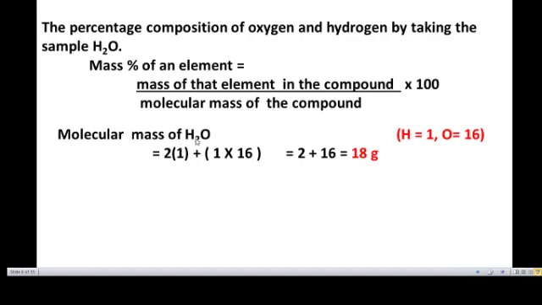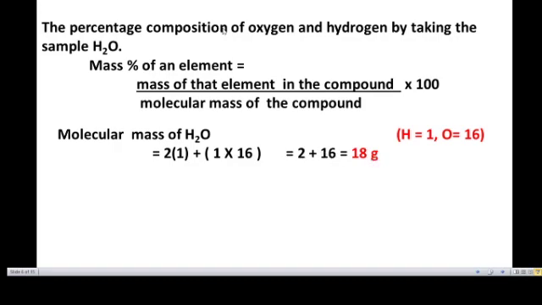Here 2 atoms of hydrogen are present, so 2 into mass of 1 atom of hydrogen, which is 1, gives 2. Here only 1 oxygen atom, so 1 into 16 is equal to 16. 2 plus 16 is equal to 18 gram.